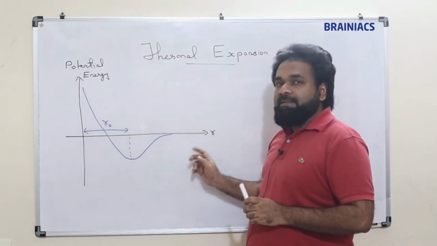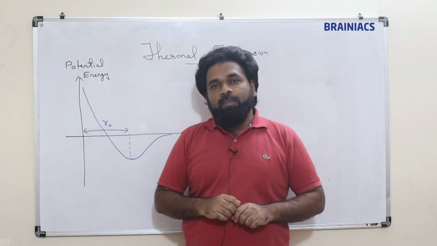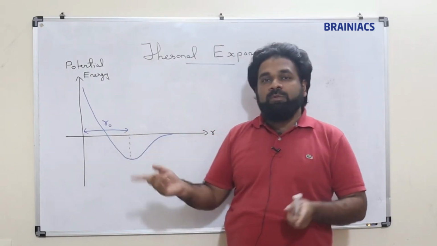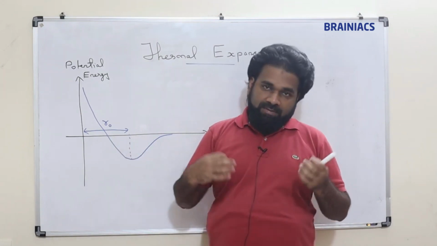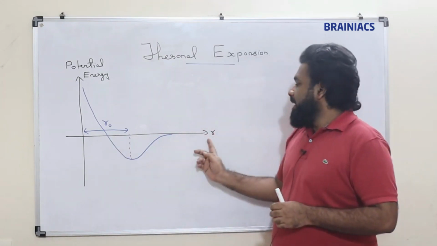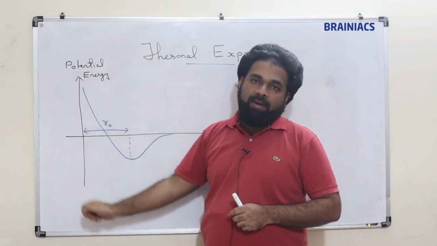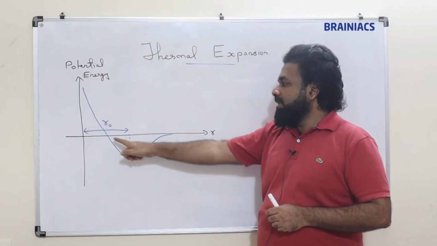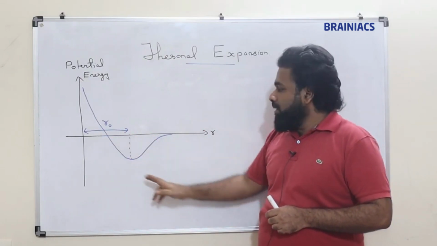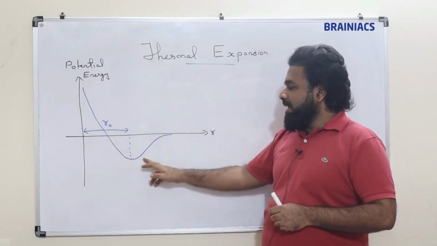So this R is nothing but the distance between the atoms. Okay, so same behavior is between molecules also. So the distance between the atoms or the molecules, if we consider R, its potential energy, if we plot in y-axis, okay, so its minimum potential energy is at R naught distance. So this side you can see the curve, this side it is asymmetric.